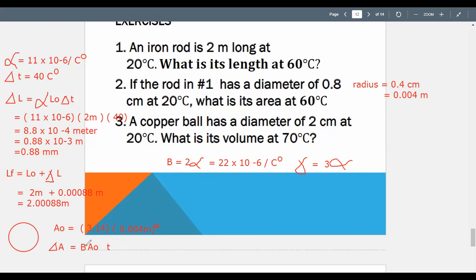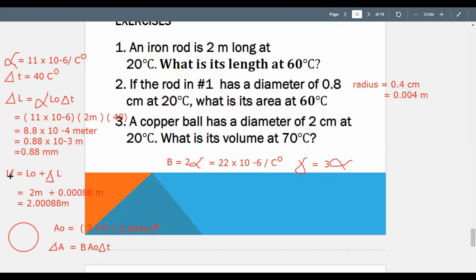So if you have 22 times the original area above, and the change in temperature is the same 40, we subject it to the same change in temperature, then we can find our change in area. The change in area you add to the original area, then you'll get the final area.